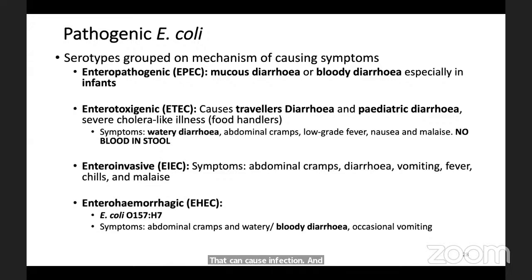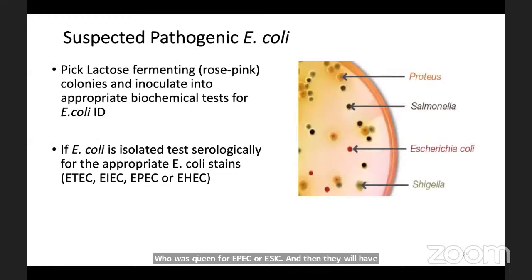And usually we overlook this. So maybe some hospitals will have a protocol that, okay, infants under 2 years or infants under 5 years, we will screen for EPEC or ETEC, and then they will have the antisera. So if you want to screen for these, instead of going in for the non-lactose fermenters, you go ahead and pick the lactose fermenters, which are usually pink, rose pink on the MacConkey agar or on the XLD, on the DCA.